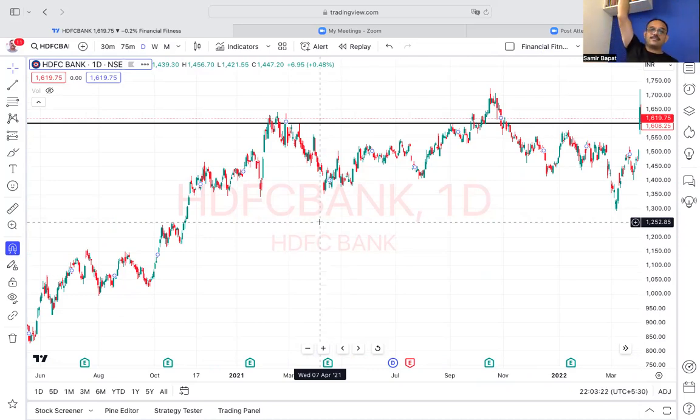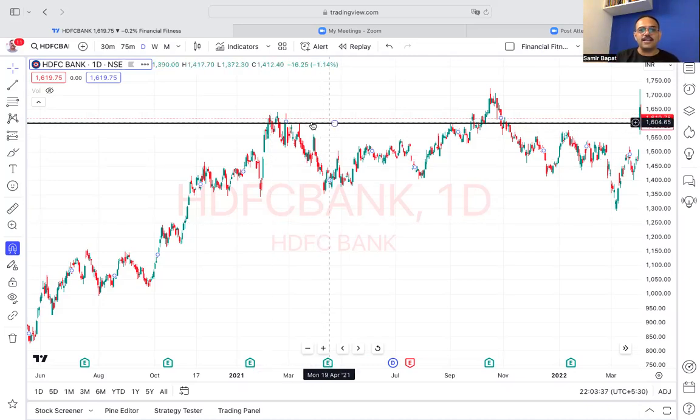So for me it is resistance: if I throw my ball from here, it will hit the ceiling and come down. But the same ceiling becomes support for the person staying above me. If he throws the ball towards it, it will bounce up.